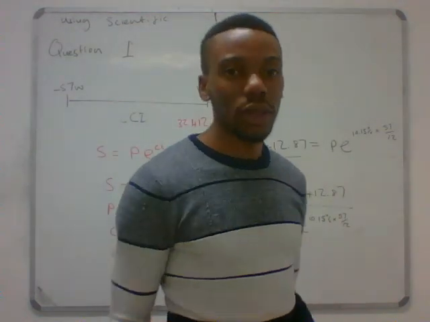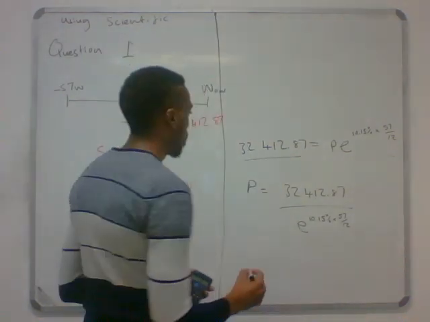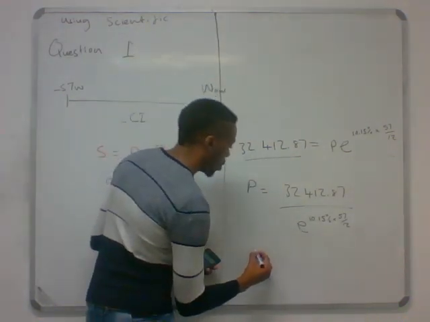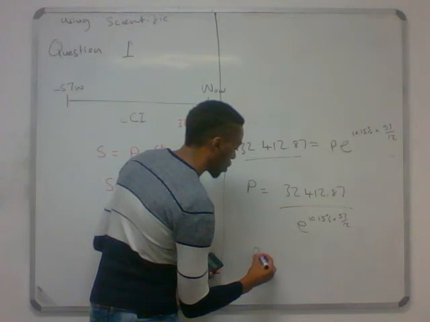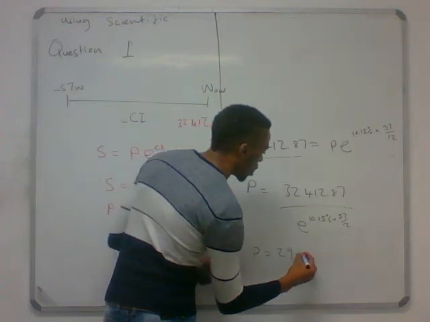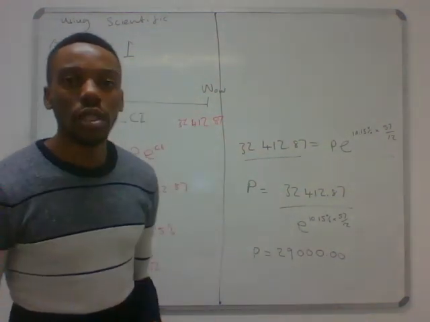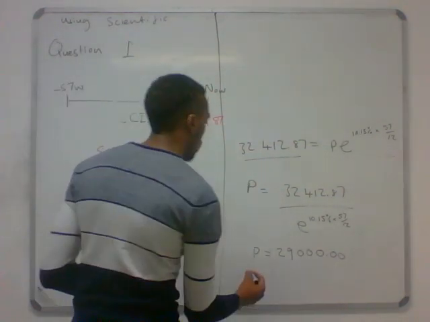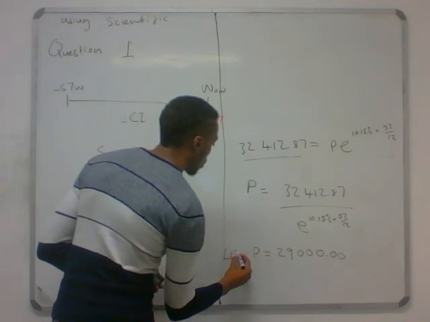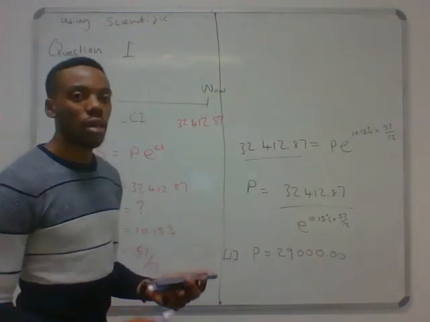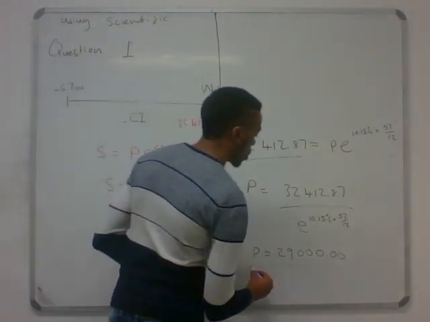You come, we show you how it's used; it's simple and straightforward. So your P is equal to 29,000.07, which is option 1. That's how you go about that one.